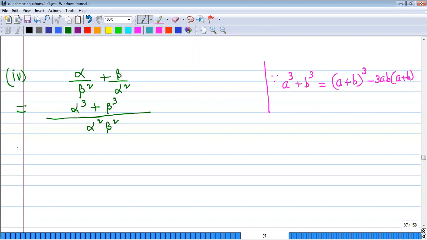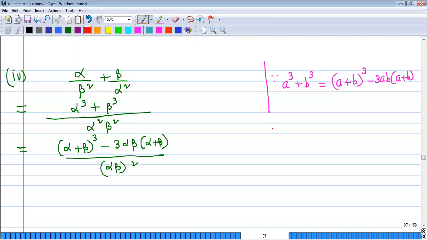So this can be written alpha plus beta whole cube minus 3 alpha beta times alpha plus beta upon alpha square beta square, we can write alpha beta whole square. So let us replace alpha plus beta equals minus b by a according to the problem. Alpha beta is equal to c upon a.